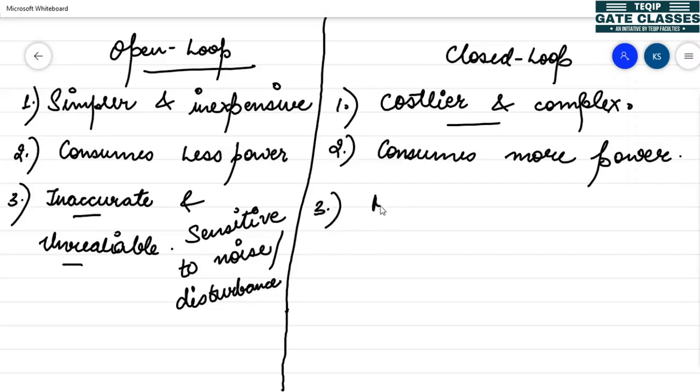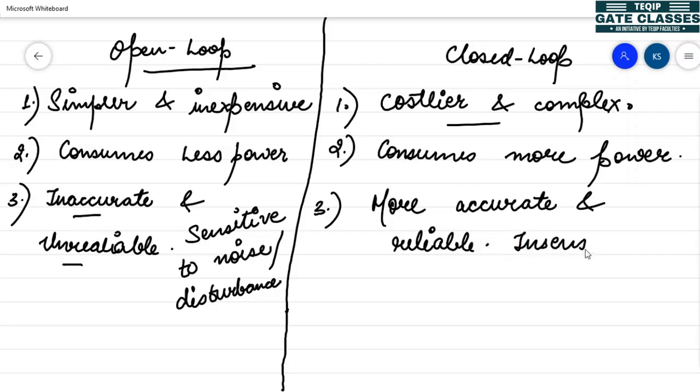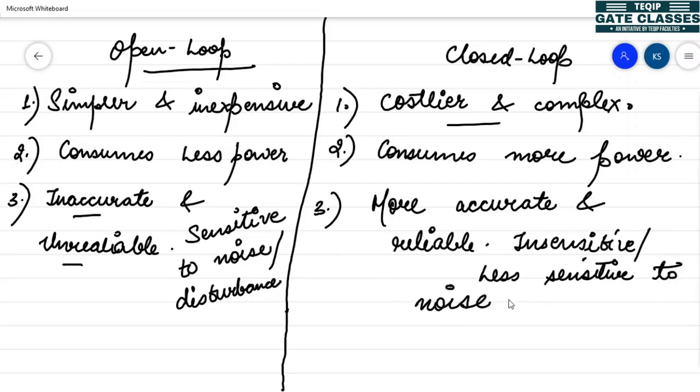Whereas closed loop systems are more accurate and reliable. Insensitive, or we can say less sensitive to noise or disturbances existing in the system. If there is some disturbance or noise in the closed loop system, then also the closed loop system will give the desired response.